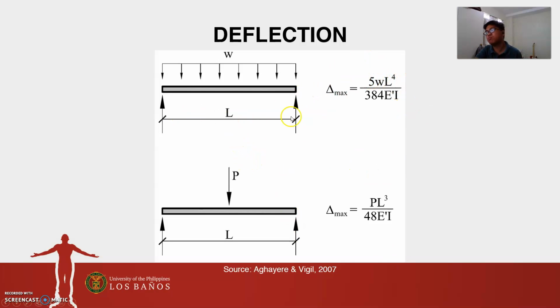Let's say we have a simply supported beam subjected to uniformly distributed load. The maximum deflection would be 5WL^4 over 384 E'I. And for point load, we have PL^3 over 48 E'I.